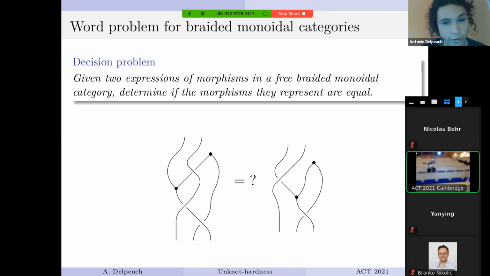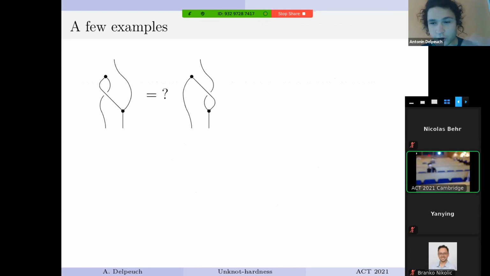Let me give you a few more examples of this problem just to build up a bit of intuition about the combinatorics here. So are these two diagrams equal? You can convince yourself that they are not, because, for instance, if you consider the left leg of the generator at the top in the left-hand side, it is connected to the left leg of this generator here, and that's not the case here, right?